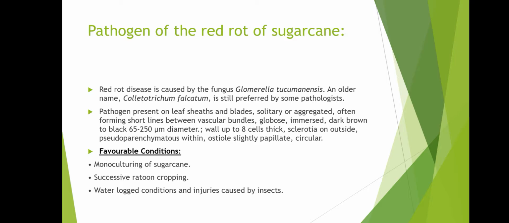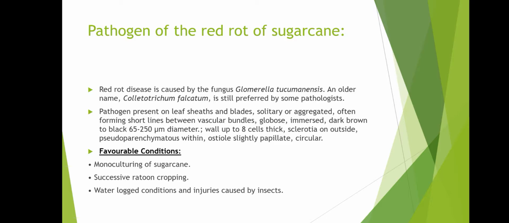Globose, emerged, dark brown to black, 65 to 250 micrometers in diameter. The wall is up to 8 cells thick, sclerotic on the outside, pseudoparenchymatous within, and ostioles slightly papillate and circular in shape.